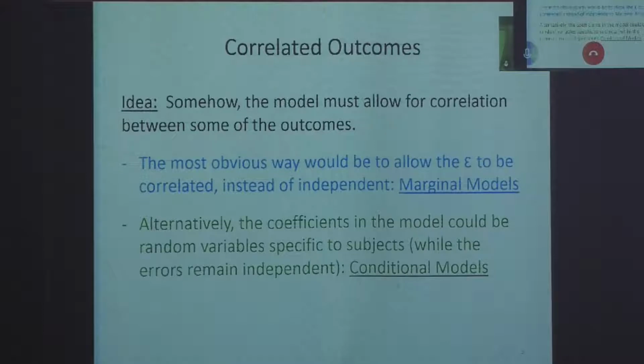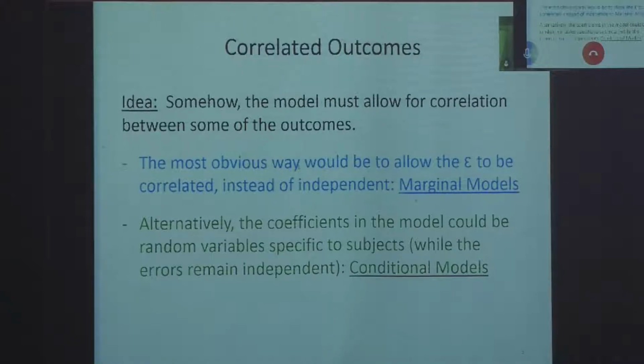A conditional model approaches the same problem but in a very different way. Instead of having the epsilons correlated, we're going to change the coefficients in the model to be random variables. That will create the correlation, and that's what we're going to look at last. The conditional models are usually a little bit harder to fit. If your software has limits, the conditional models will be the ones that won't be there or won't run.